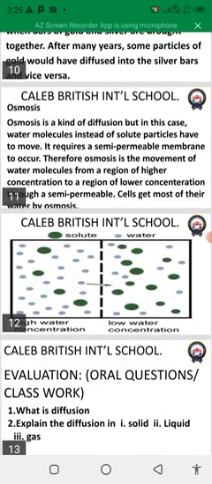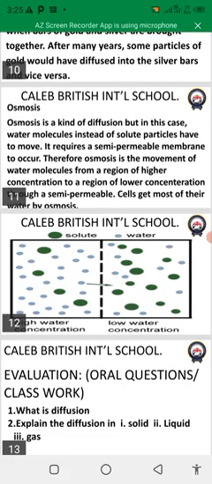Now, osmosis. Osmosis is a kind of diffusion, but in this case, water molecules, instead of solute particles, have to move. It requires a semi-permeable membrane to occur.